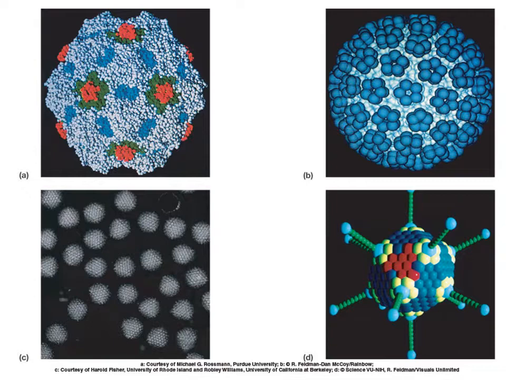In C, we have the adenovirus, which consists of 252 capsomers, and this is at 171,000 times magnification. And in D, we also have the adenovirus, but this is a computer simulated model. It's interesting to note that self-assembly of capsids is a remarkable process that's really not fully understood at this time.